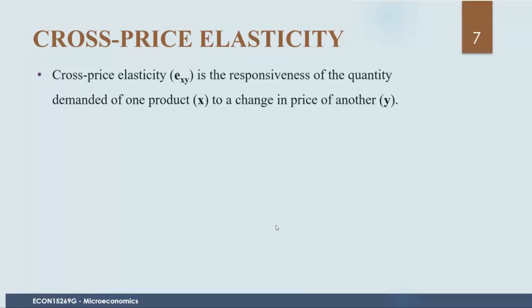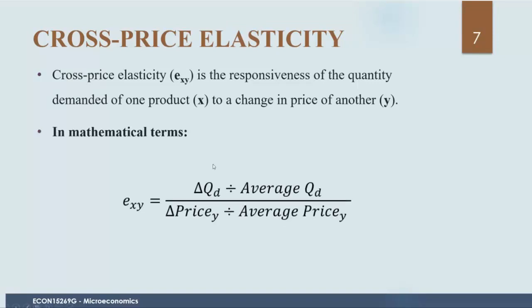But other things like income are important, as we just looked at, and the price of related goods is also important. In the cross-price elasticity of demand, the numerator is the percentage change in the quantity demanded, but now with respect to the price of another good, not the price of the good itself.